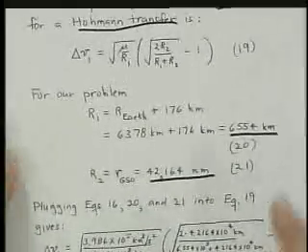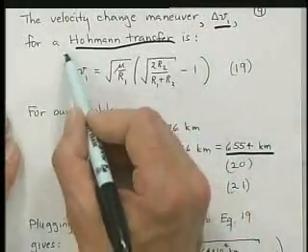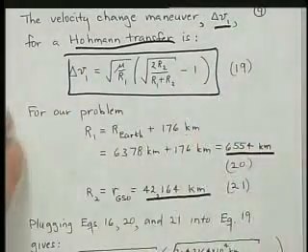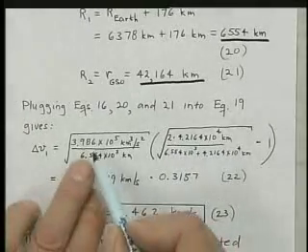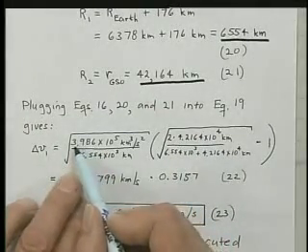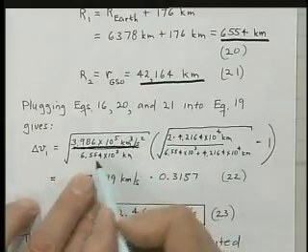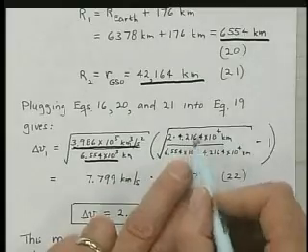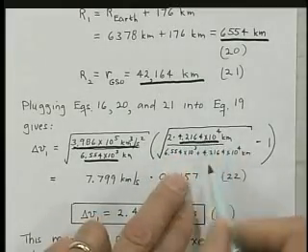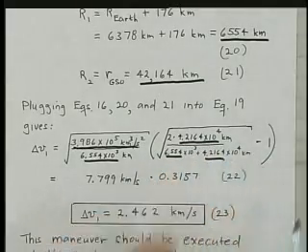So plugging all this into equation 19, we get down here in equation 22 with the numbers. Here's the mu of the Earth. Here's radius 1. Here's radius 2. Radius 1 plus radius 2.